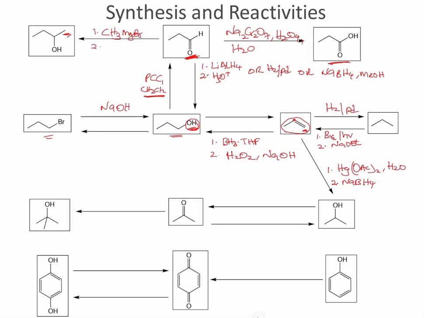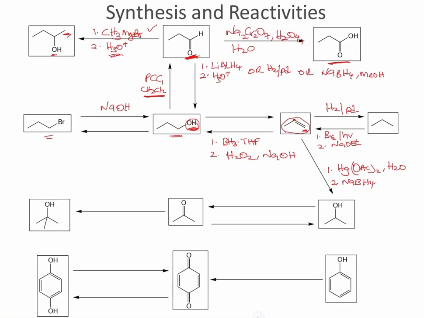In the second step, we need a source of proton. Grignard reagent is not compatible with acidic conditions, so therefore we have to first of all perform the Grignard reaction, and then we install the hydrogen to the alkoxide using that source of proton.